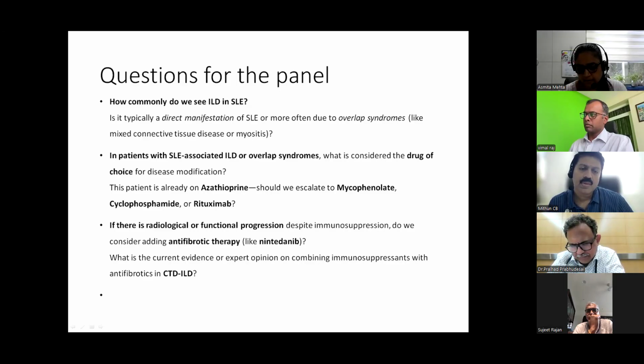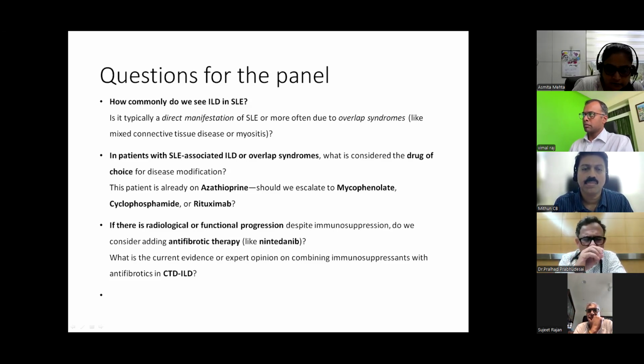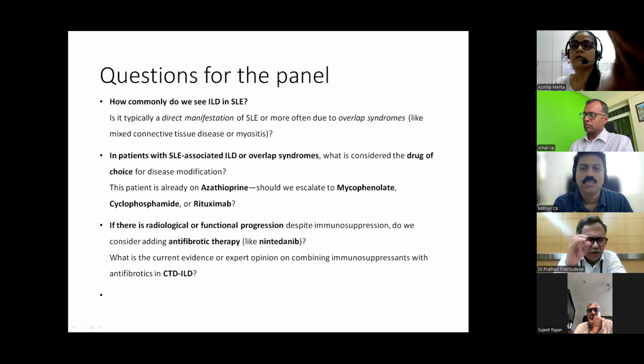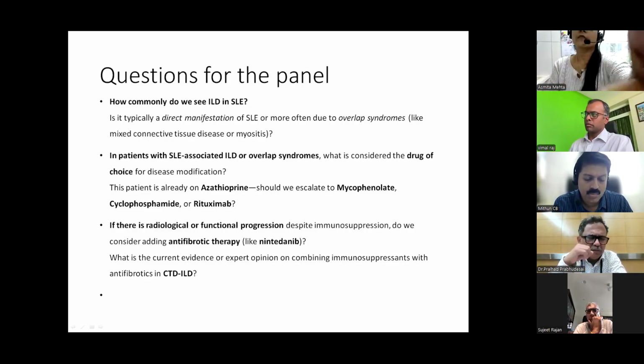I think Mithun has addressed this. Now to our panel, Prabhu sir and Rajan sir. What Dr. Mithun said is absolutely right. We don't see much lupus, but in practice, when we see so many lupus patients here, I can say that we see lung involvement. Not only acute lupus pneumonitis, but even fibrosis is seen, and even an organizing pneumonia pattern is seen.